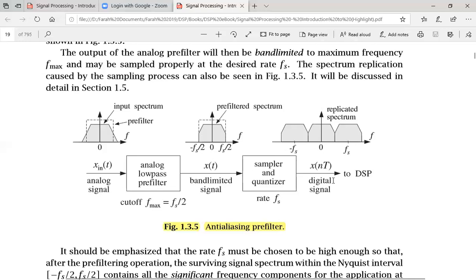The output in the time domain would be a set of impulses, a set of sampled signal. So don't be confused: this picture is not of x(nT). x(nT) is a discrete time signal, a sampled signal, and this discrete time signal has this spectrum in the frequency domain.